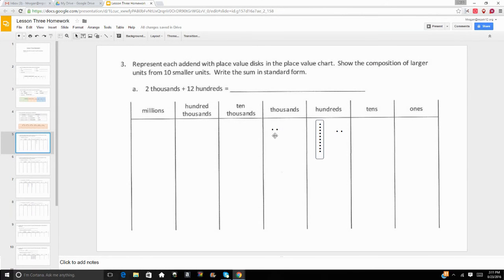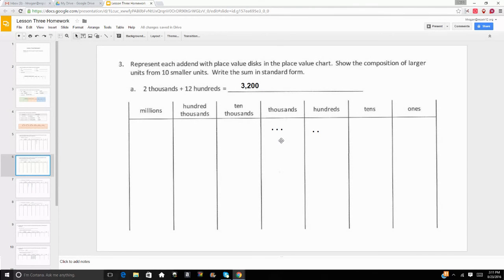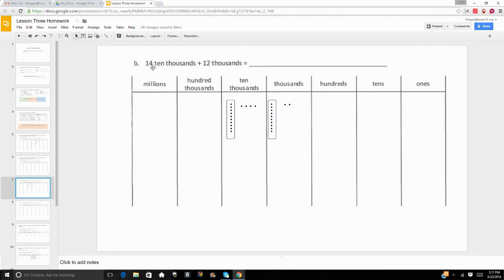So you have 2,000s, but you have 12 hundreds, and we know that 10 plus 2 is 12, and when you have 10 hundreds, that equals 1,000. So this will be regrouped into the thousands place, giving us 3,000s and 200s. So 3,000s, 200s, 3,200. It's the same idea.